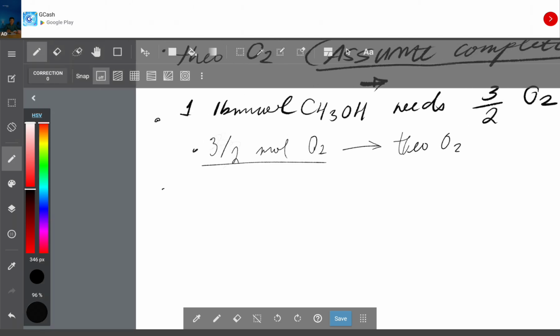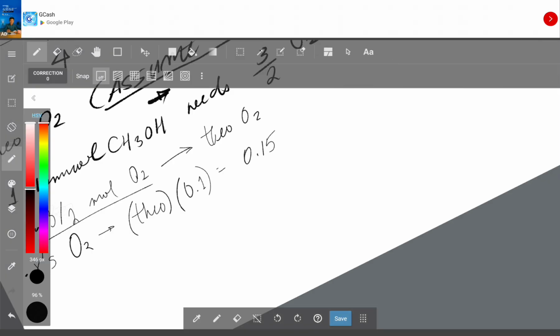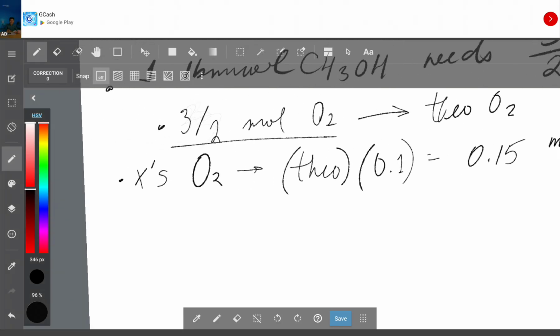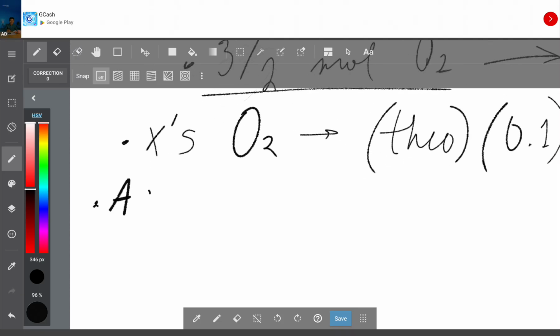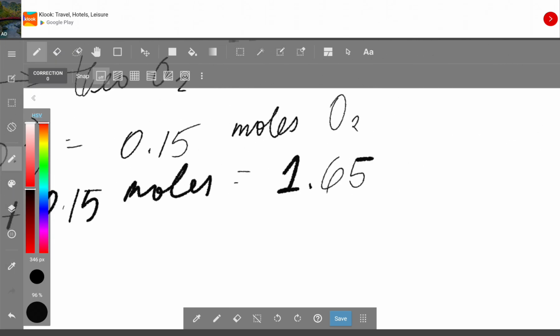To get the excess O2, you need to multiply theoretical by 0.1, which is 10% of the theoretical. So this is just 0.15. Okay. Now, we need to add them together to get the actual O2. It's equal to 1.65 moles of O2.